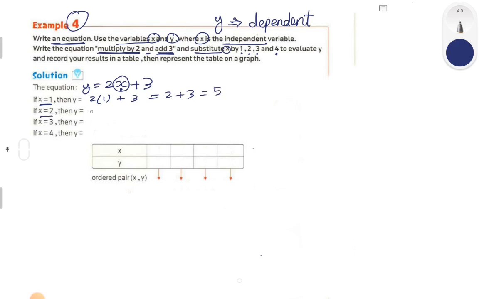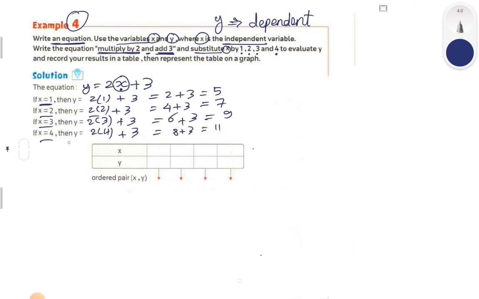If x equals 2, 2 by 2 equals 4, plus 3 equals 7. If x equals 3, 2 by 3 equals 6, plus 3 equals 9. Last one, x equals 4, 2 by 4 equals 8, plus 3 equals 11.